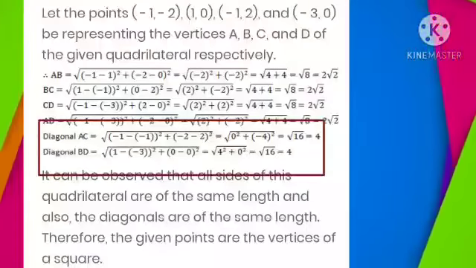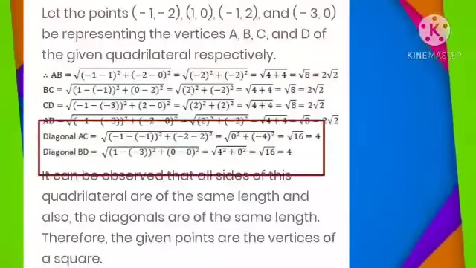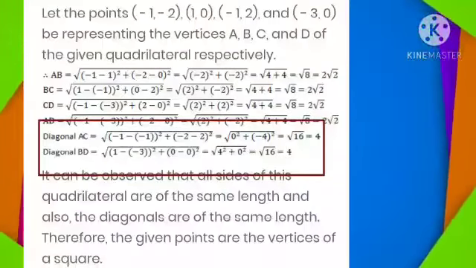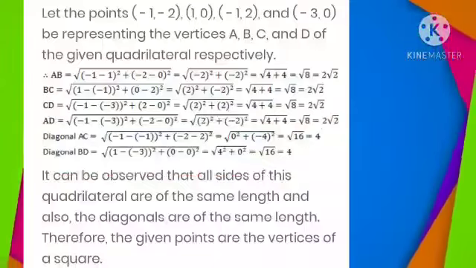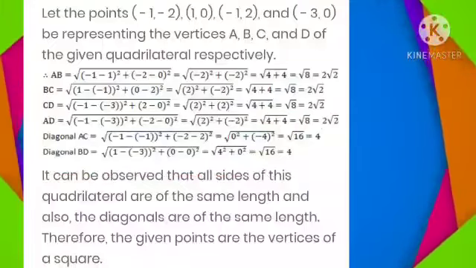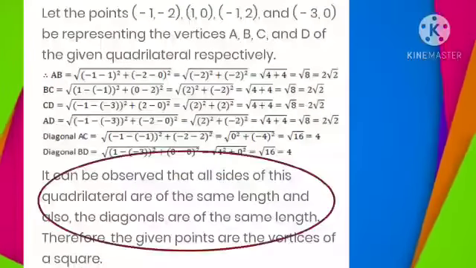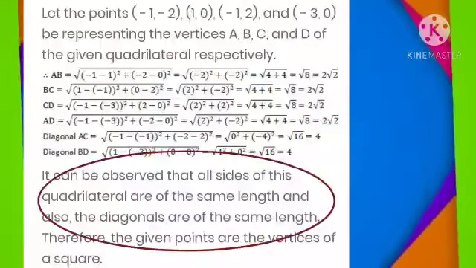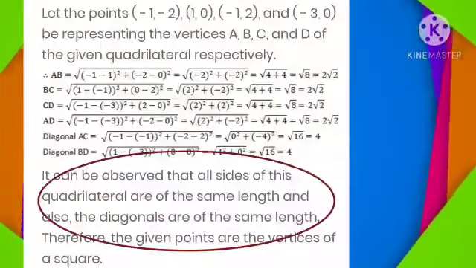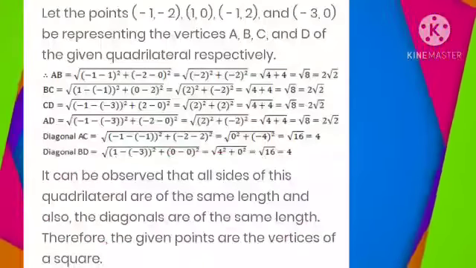The length of diagonal AC becomes 4 units, and the length of diagonal BD also becomes 4 units, so the lengths of both diagonals are equal. So we can conclude that ABCD is a square, as the 4 sides are of the same length and the diagonals are also of the same length.